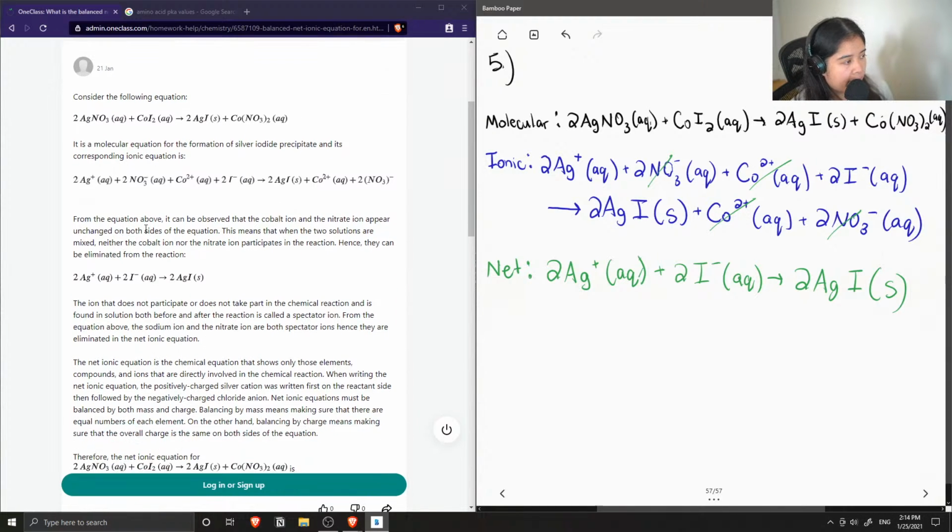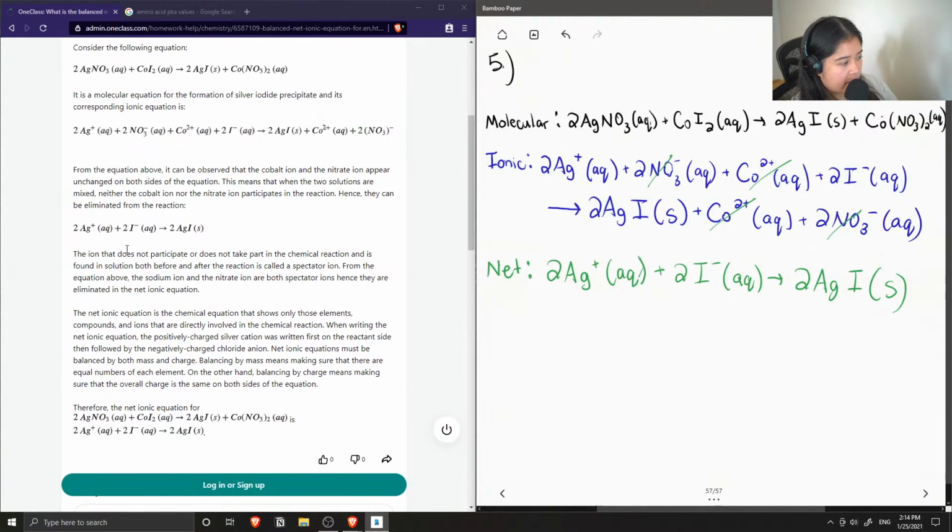And from the equation above, it can be observed that the cobalt ion and the nitrate ion appear unchanged on both sides of the equation. This means that when the two solutions are mixed, neither the cobalt ion nor the nitrate ion precipitates in the reaction, hence they can be eliminated, and then they have the net ionic equation as 2 silver plus 2 iodide minus makes 2 silver iodide.